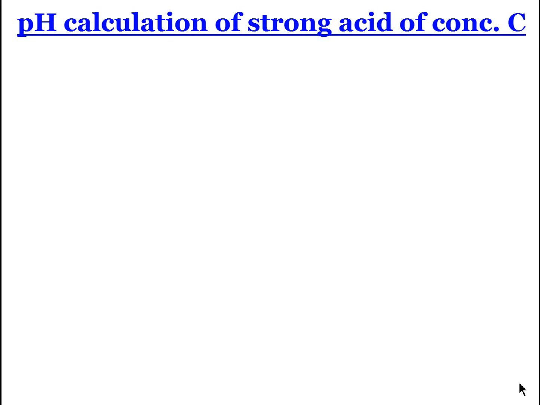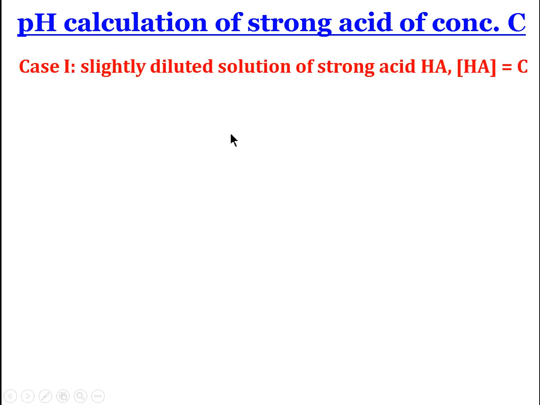We will start the pH calculation of a strong acid solution of concentration C. And we have two cases. Case 1, the strong acid is slightly diluted. Case 2, the strong acid is highly diluted. To find the pH formula, we have to follow the steps.